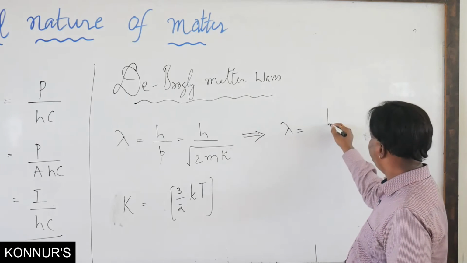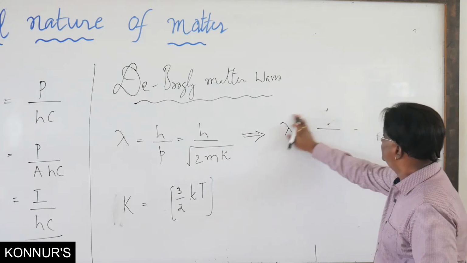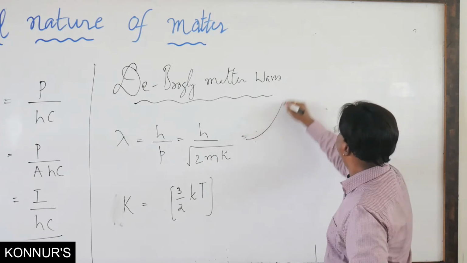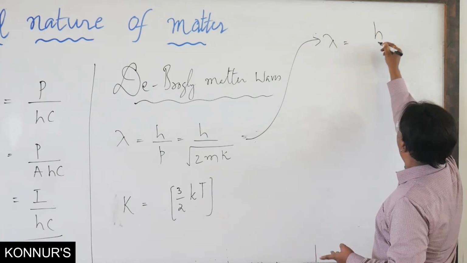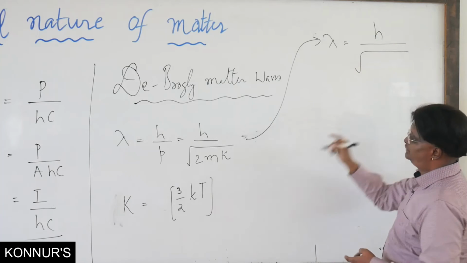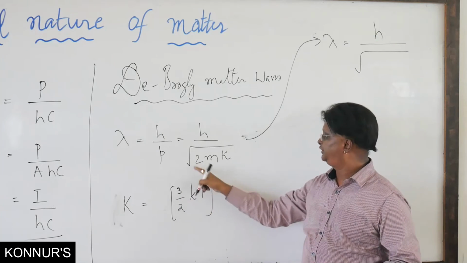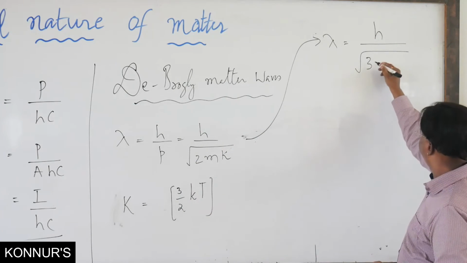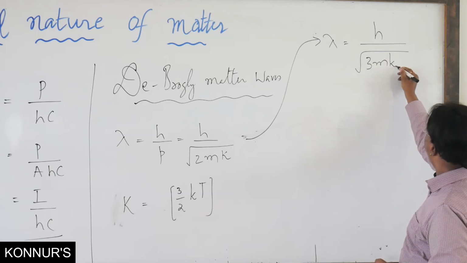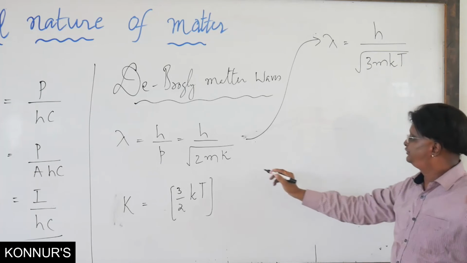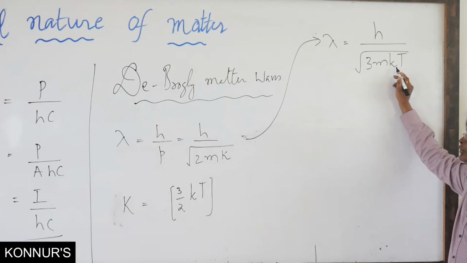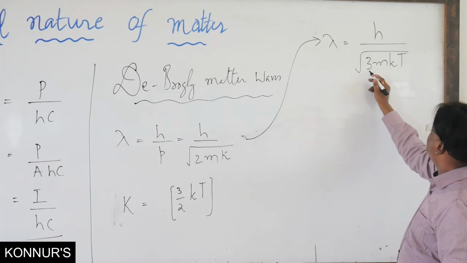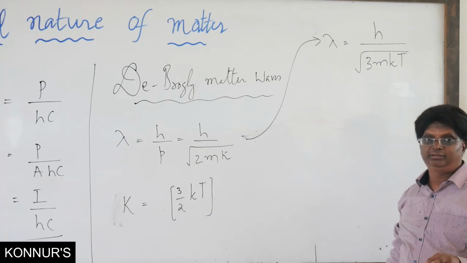Lambda is equal to h upon under root, this becomes 3 by 2 kT, the 2 cancels. We write it as 3 m small k capital T. Please do remember this capital K for energy I am writing, this small k for the Boltzmann constant. So lambda equals h upon under root 3 m kT.